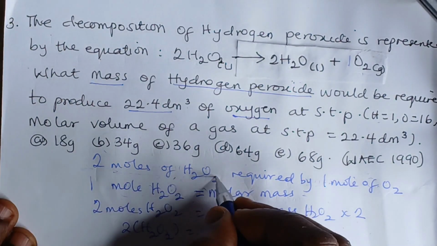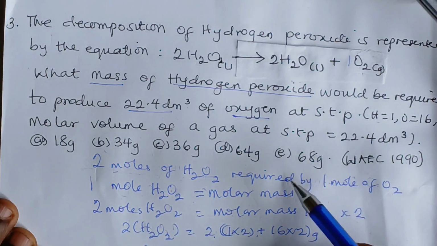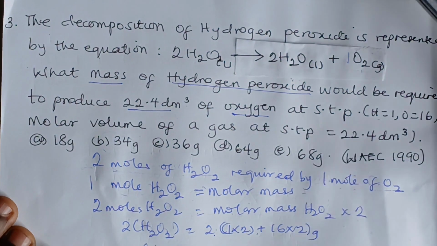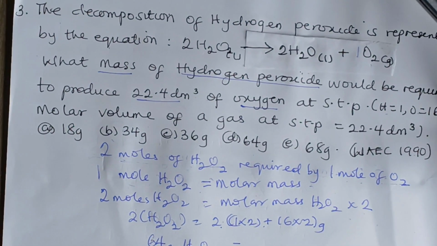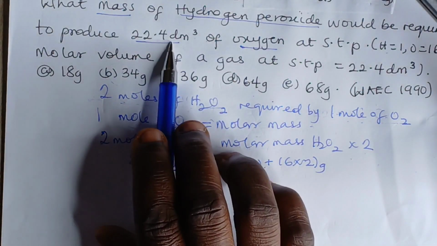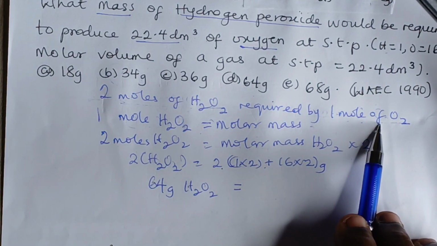So we can now say that converting 2 moles of hydrogen peroxide gives 64 grams of hydrogen peroxide, and this is required by 1 mole of oxygen, meaning that oxygen occupies a volume of 22.4 dm³, because 1 mole of a gas occupies a volume of 22.4 dm³.